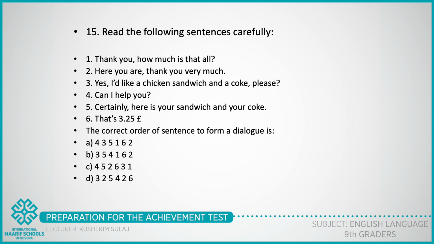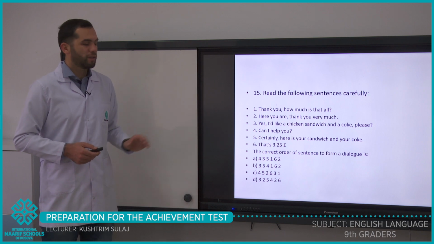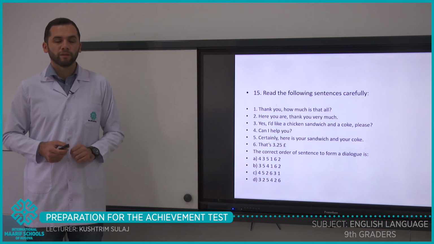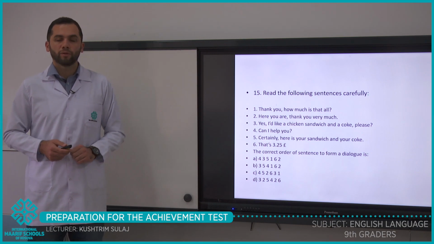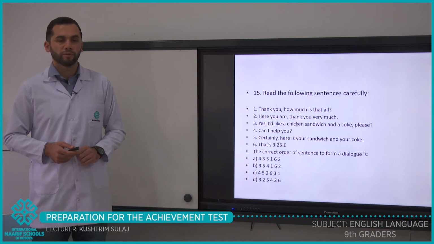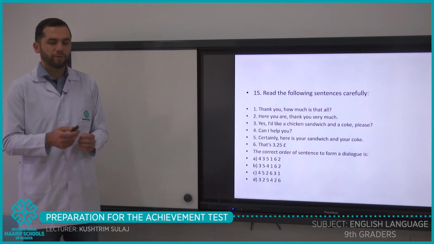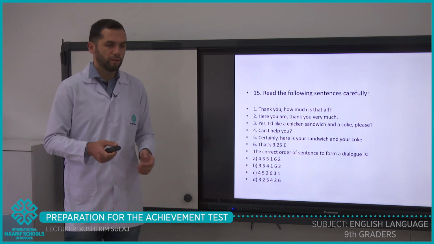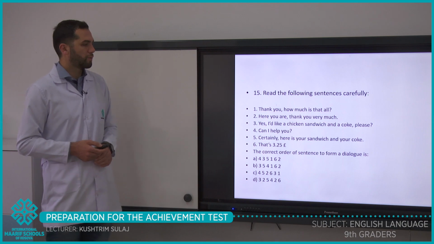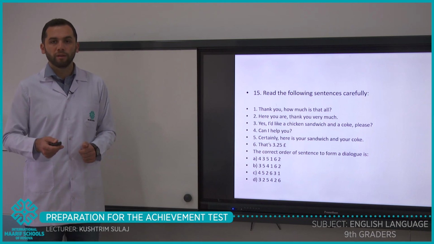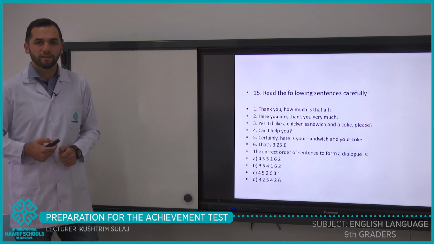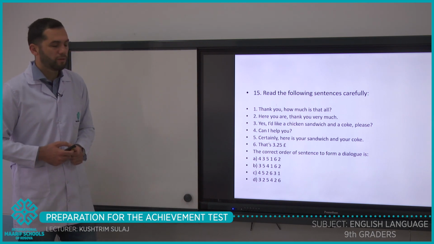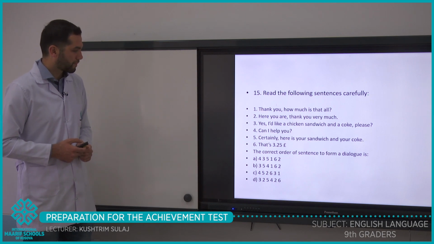Now, you have to imagine yourself at a restaurant or a bar, and you're about to order some food. So, what's the first thing you do? You go there, you sit, you have a chair, a table, and then you take a menu, and then after taking a menu, you check the things and decide what to eat.